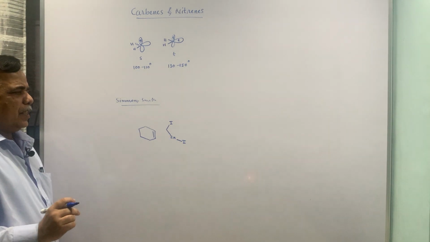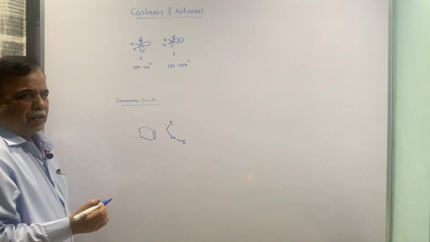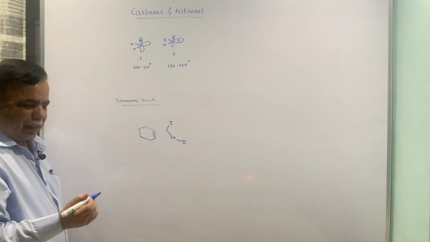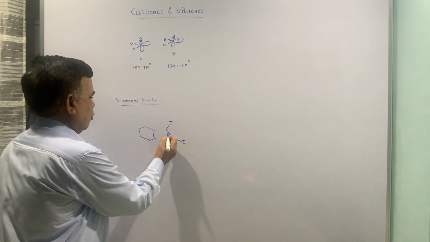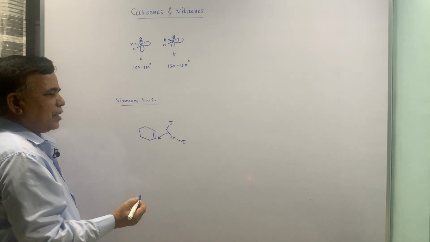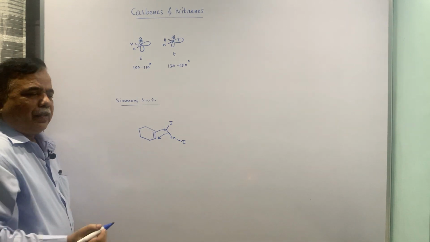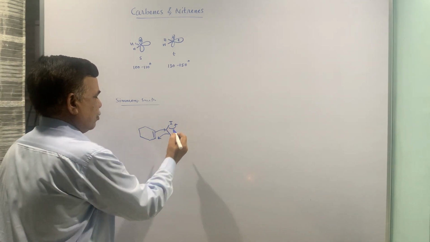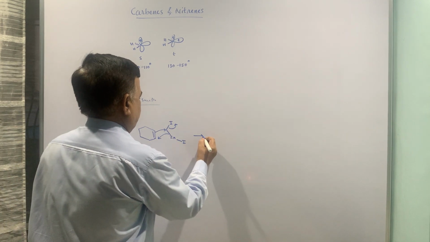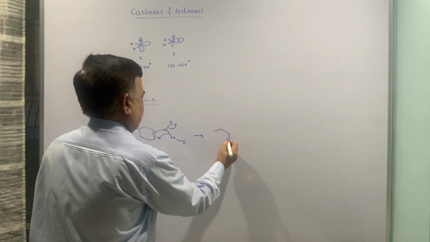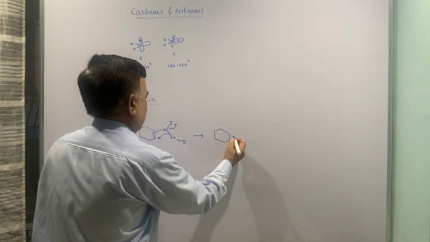CH2I2 with zinc, it will form this kind of organometallic compound, and here now this carbon-zinc bond is nucleophilic and this goes off. So what you have, you can show the intermediate also, no problem.